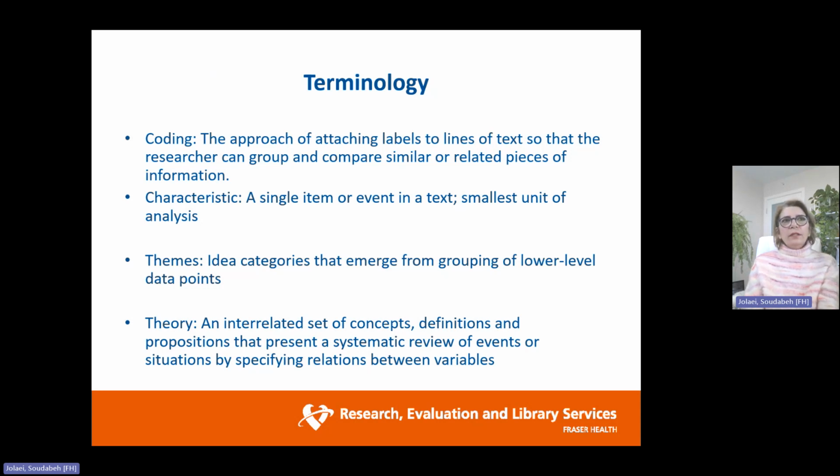Themes are idea categories that emerge from grouping of lower level data points. Theory is an interrelated set of concepts, definitions, and propositions that present a systematic review of events or situations by specifying relations between variables.